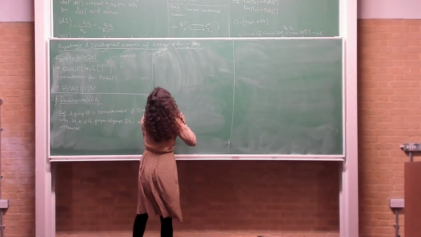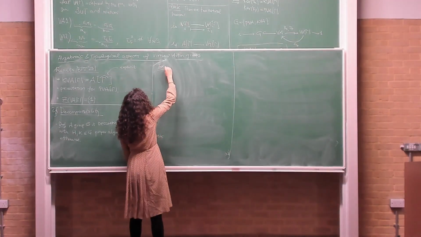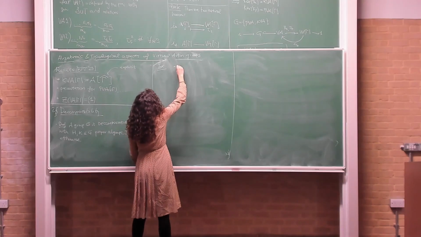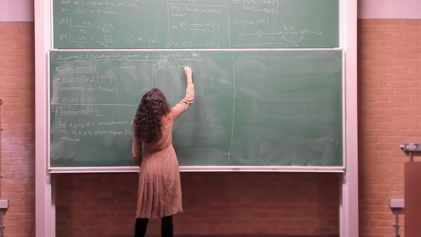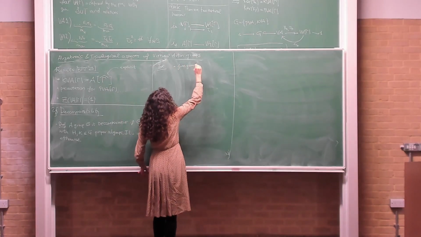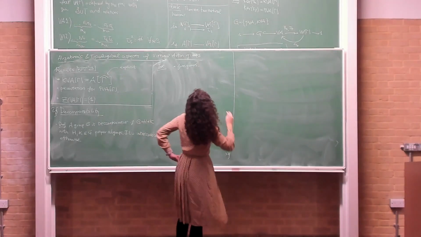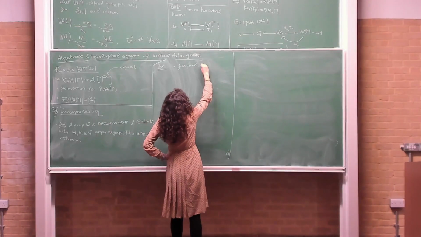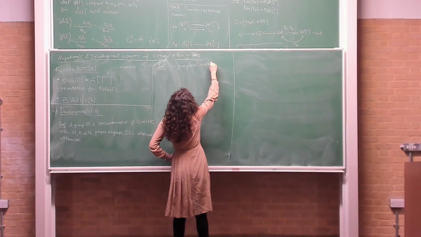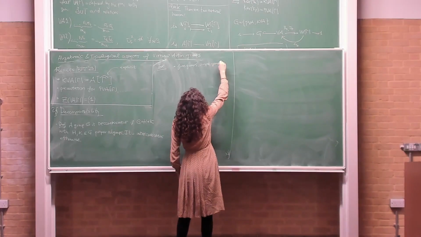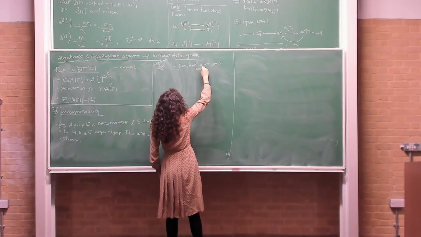Just some examples. Three groups are indecomposable. Simple groups are indecomposable.